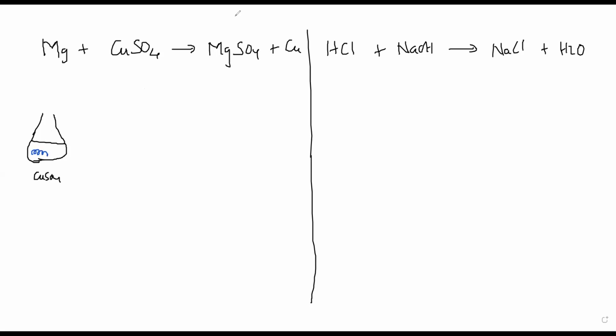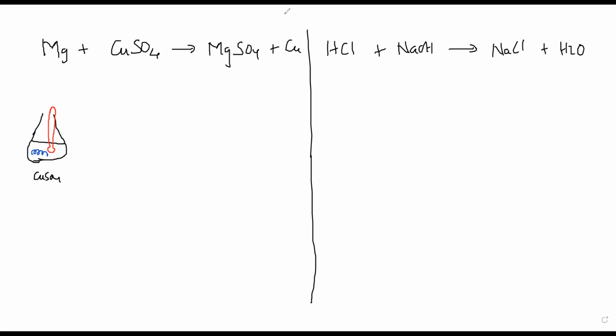When the reaction begins, it's an exothermic reaction, so it will increase the temperature. So I'm recording the temperature using a thermometer. In the displacement reaction, there is a temperature increase. So this is one.